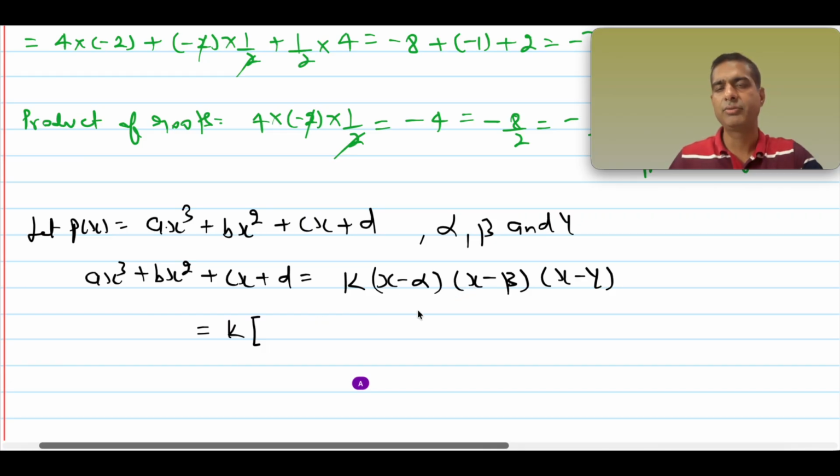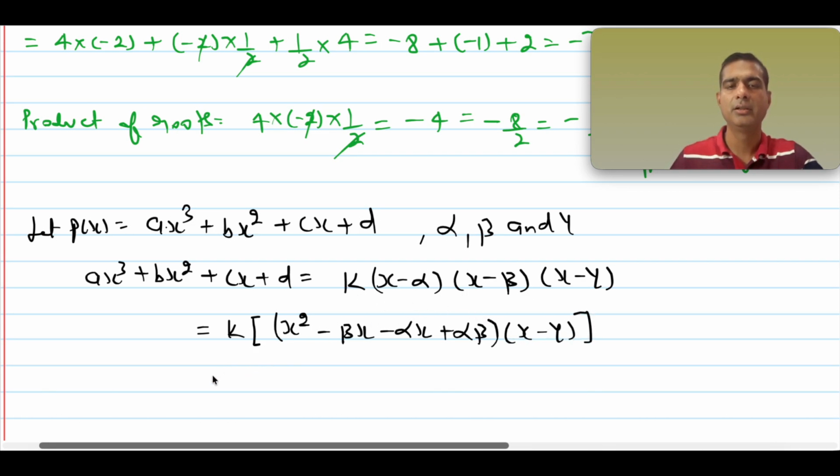Let us simplify the first 2 brackets. So I will be getting x into x, x square, minus beta x and negative alpha multiplied, so negative alpha x, negative into negative is positive alpha beta. So this is the product of the first 2 brackets, and x minus gamma is already there. So we can now multiply x minus gamma to this.